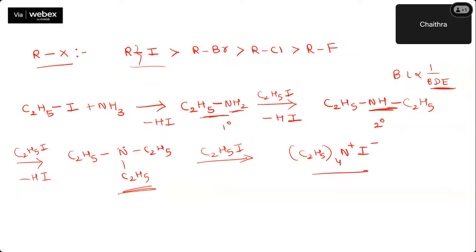Understood, right? Now is this a good method for preparation of amines? Yes or no? Answer. No, right? Because you're getting mixtures. Once you get a mixture, you have to separate everything if you want primary amine, secondary amine and so on.